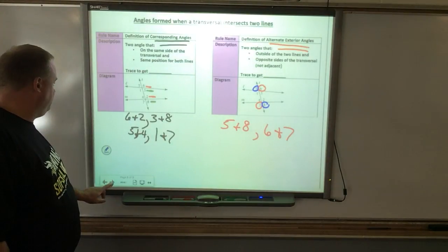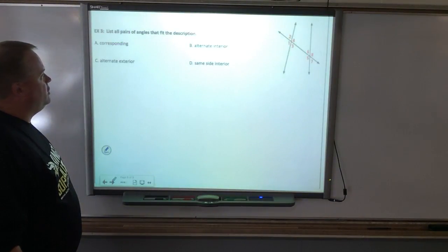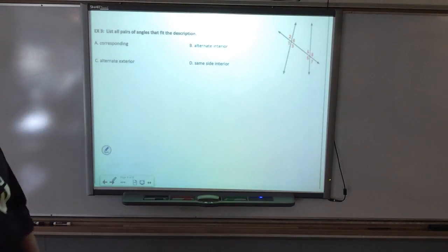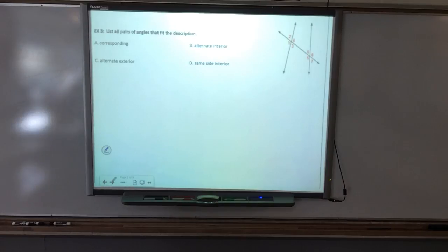A little practice with it. Looking at these two lines cut by the transversal, let's find out the answers. The first one, corresponding. What was corresponding again?